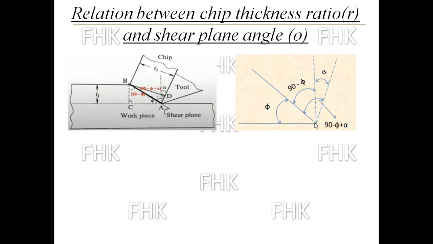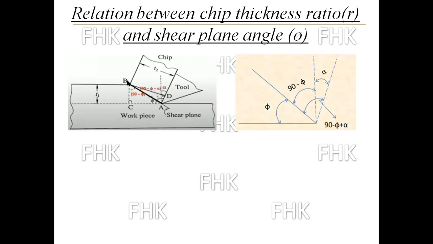Due to this vertical line, this complete angle will be 90. So the remaining angle will be 90 minus phi, and this other angle will be the rake angle of the tool with this vertical line, which is alpha. So this total angle from this line to this line will become 90 minus phi plus alpha.